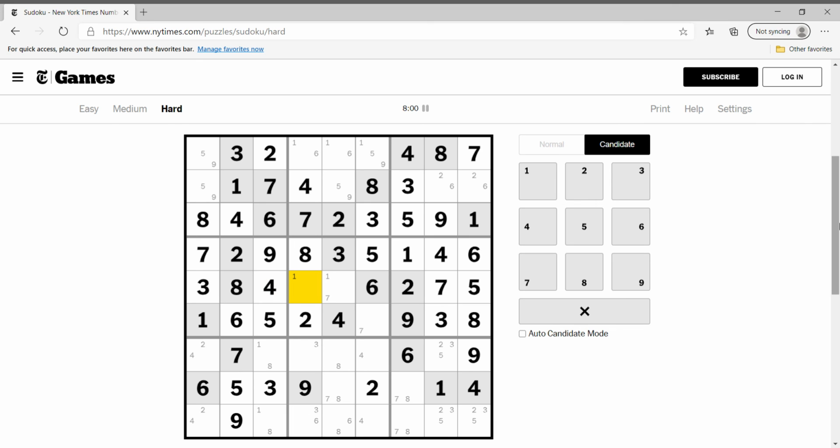Okay, this cannot be 2. So the last digit we need here is 9. So 9's can be here and here, but this cell can only be 7. Okay, so this is 7. I guess 7's can be here and here as well. No, wait a minute. Just looking at 7. 7's a vertical, right?